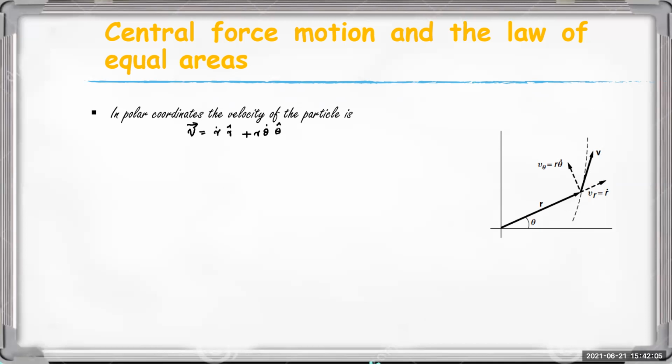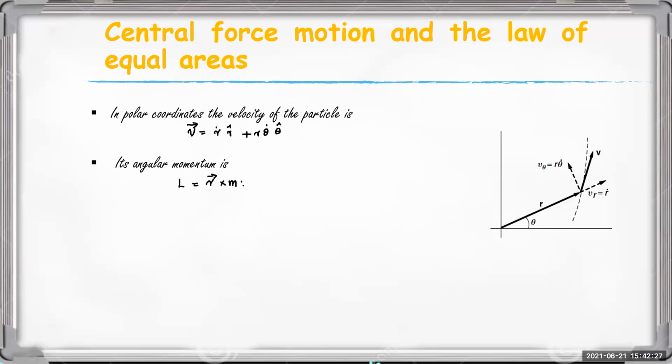Okay. Then the angular momentum L is equal to r cross p.